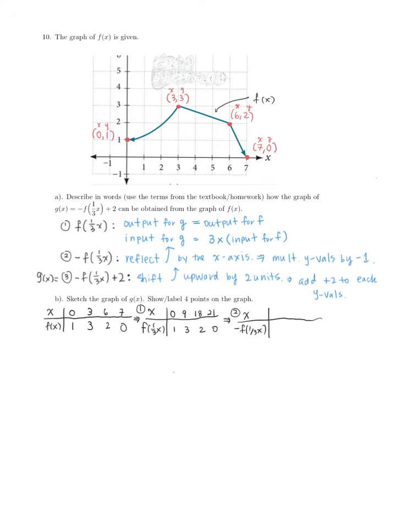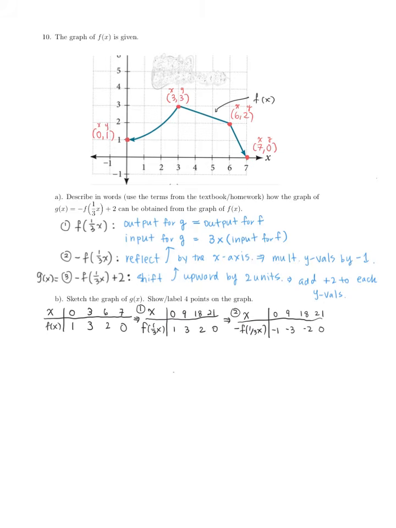Why can I never draw a straight line? All right, so in this case, what's going to change? Multiply the y values by -1, which means that the x values are going to stay the same as the previous step. So you're going to have 0, 9, 18, and 21. And then y values times -1, so you're going to have -1, -3, -2, and then 0.